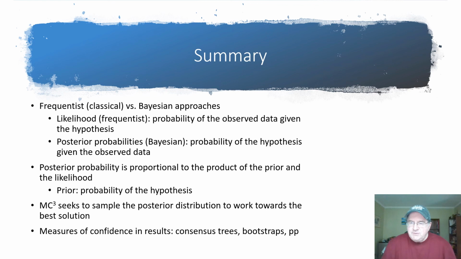Either consensus trees, bootstrap percentages, or posterior probabilities, all of which need to be taken with a grain of salt. There's nothing objective about a particular number for bootstraps or posterior probabilities that says, here's where significance lies.